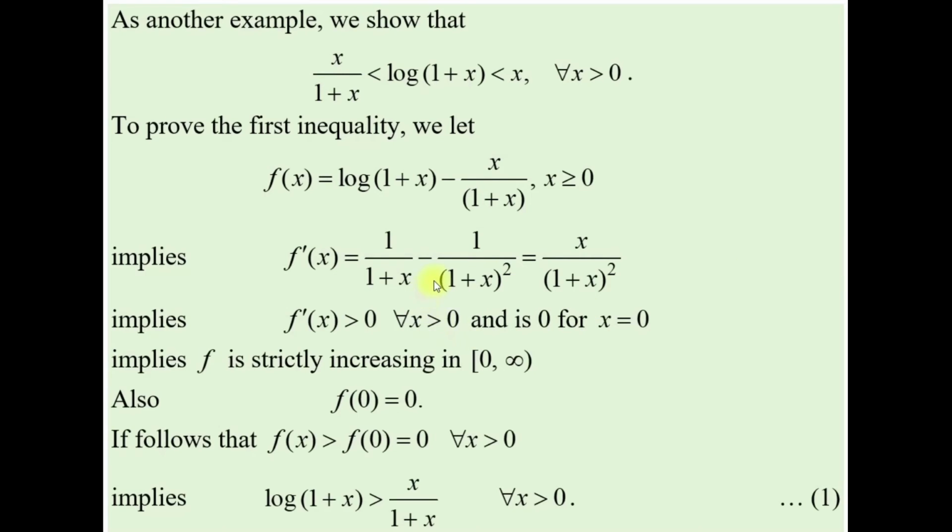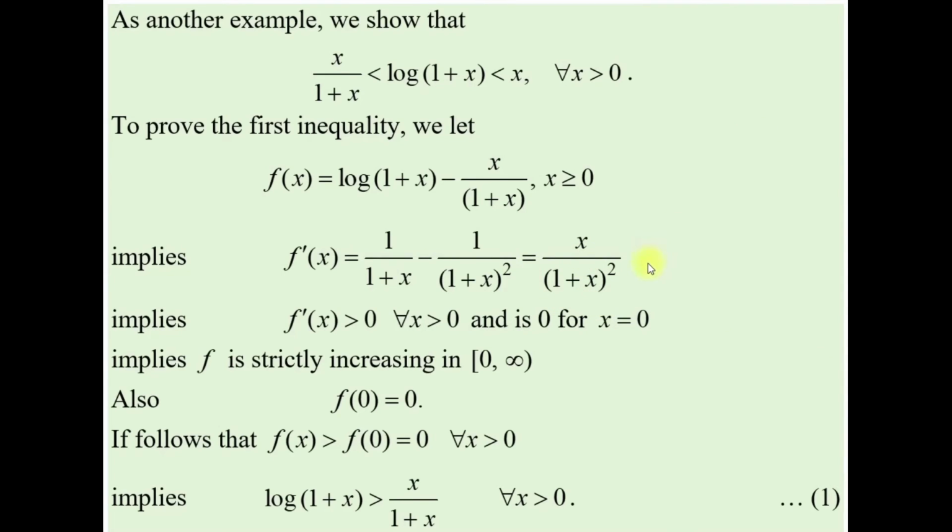So this simplifies to 1 by 1 plus x whole square. So f prime of x is 1 by 1 plus x minus 1 by 1 plus x whole square, which simplifies to x by 1 plus x whole square.